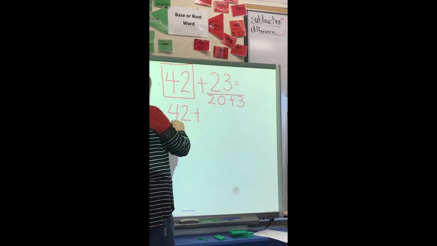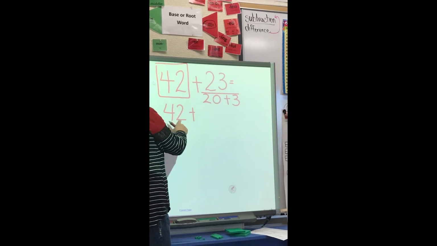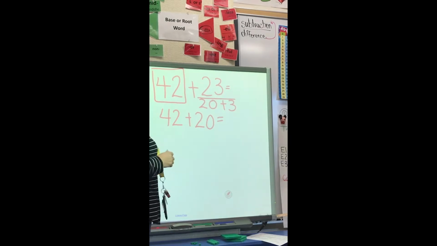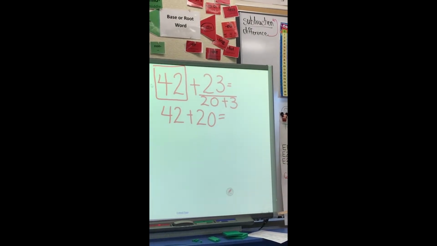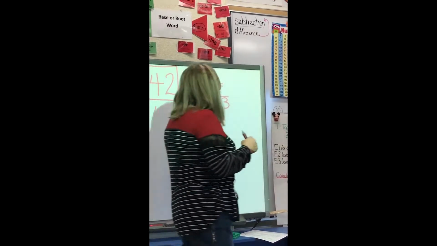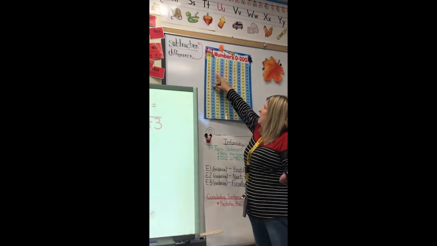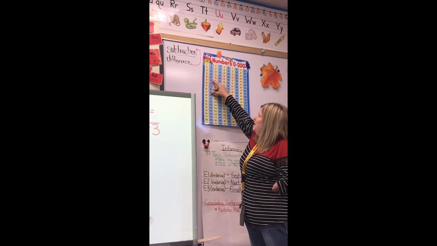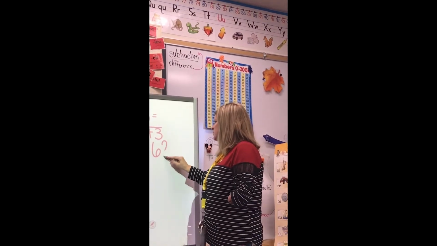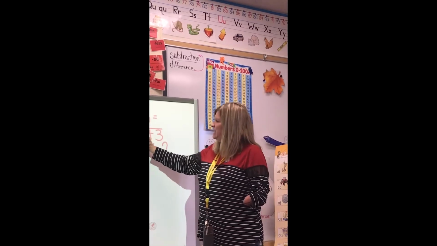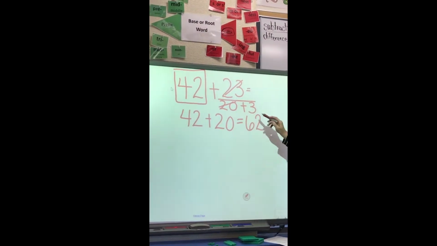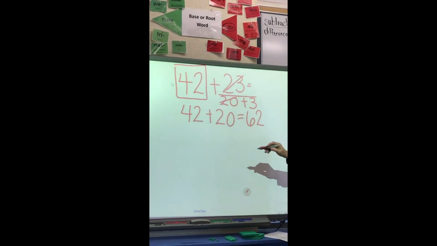And so what we do now is we take 42 plus 20, and we have taught the kids how to add on a hundreds chart. So they know that by coming over here to their hundreds chart, by adding 20, they go 10, 20, and that equals 62. So now I teach them to cross these numbers out because we have added 20. The only thing left now to add is 3.